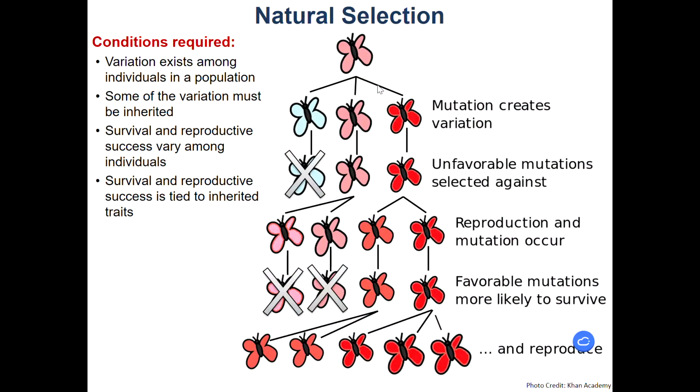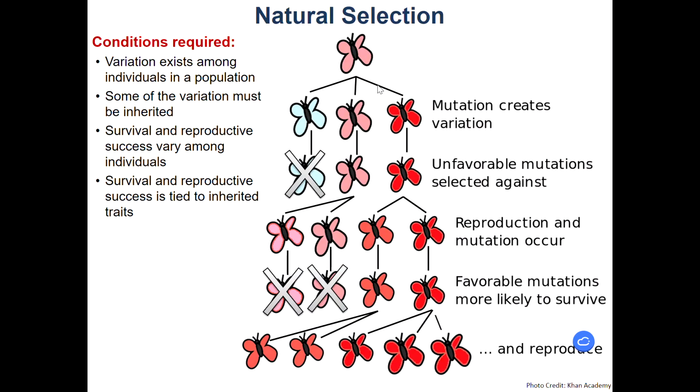All right. So one of the things that can cause evolution to happen is natural selection. Natural selection is one of my favorite things to talk about when we think about biology. The conditions required for natural selection are that you need to have variation among individuals in your population, and we're going to talk about natural selection in lab this week as well.